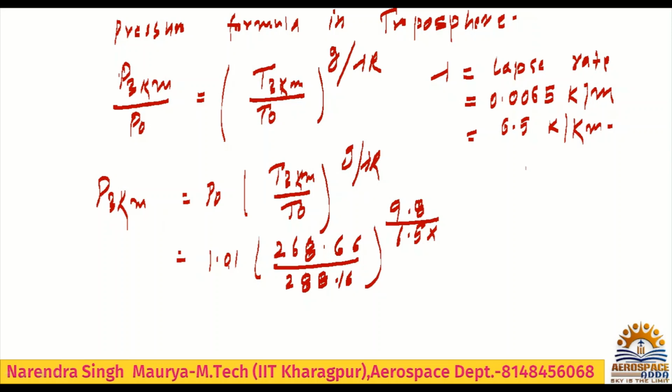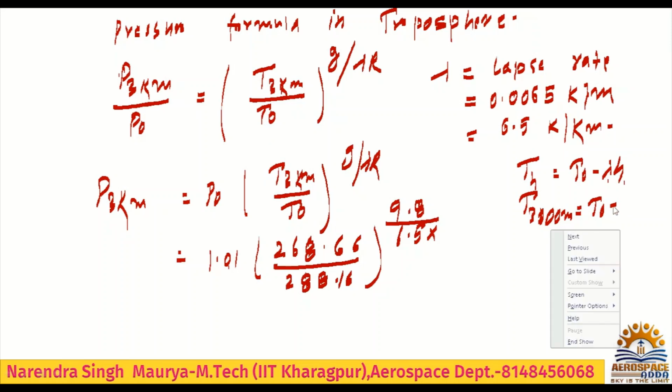I will tell you this when you use this concept. Th is equal to T naught minus lambda h. So temperature at 3 kilometer, suppose 3000 meter, you will write T naught minus lambda, which should be in Kelvin per meter, then h you have to write in meter, 3000.